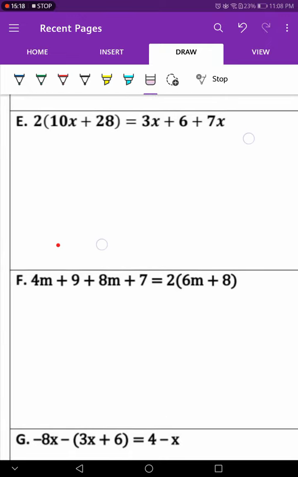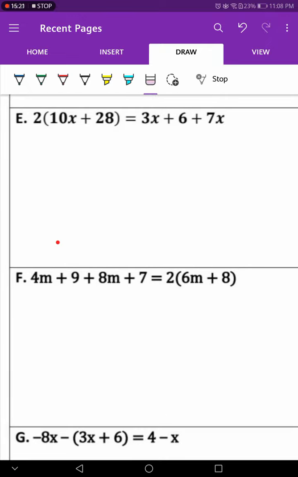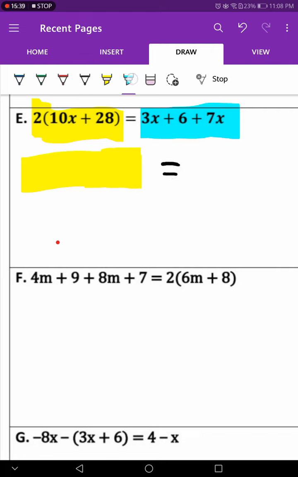Now we are here. So the first step, determine the left and the right side. You have to break the parentheses. Let me draw this side is the left, and let me stretch it a little bit, and it is equal.